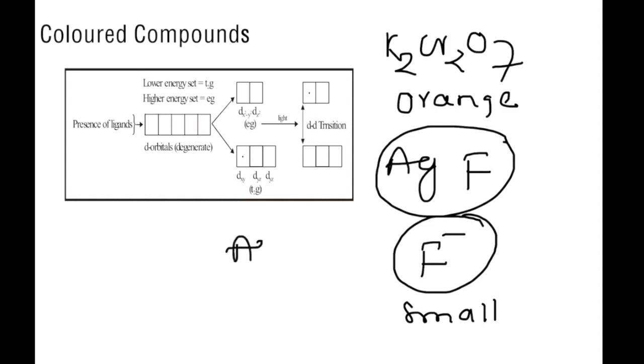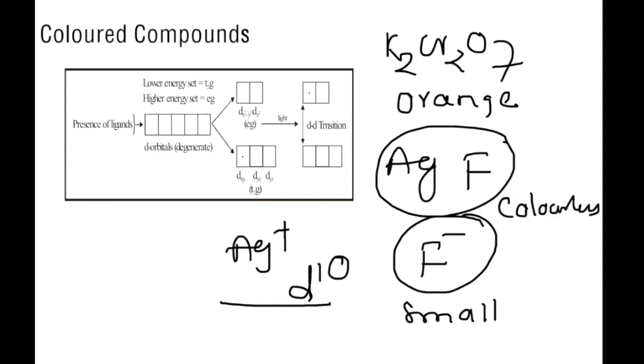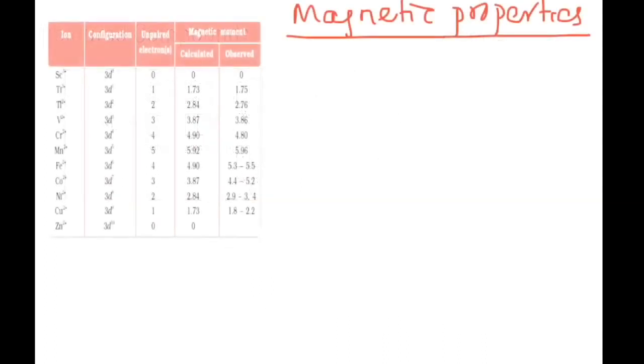And Ag plus has d10 configuration, so d-d transition is not possible. Charge shifting is not possible. So AgF is colorless. Then magnetic properties.